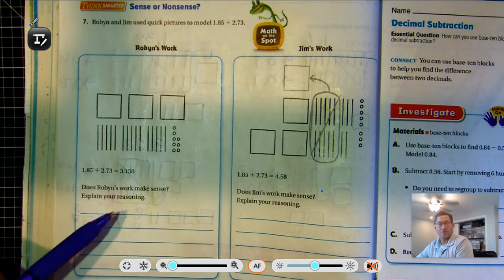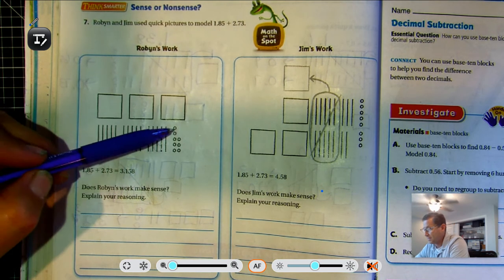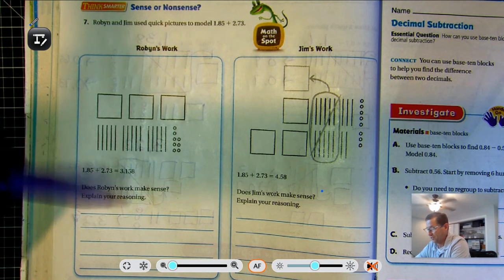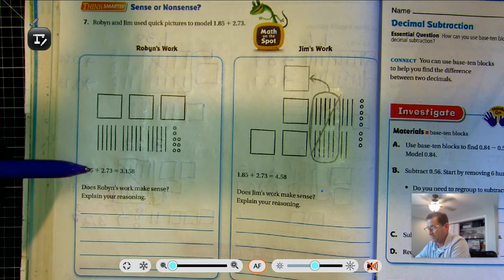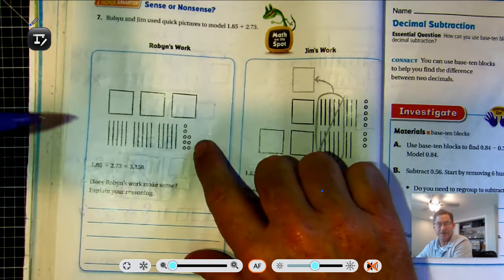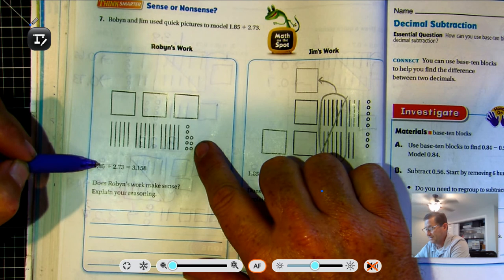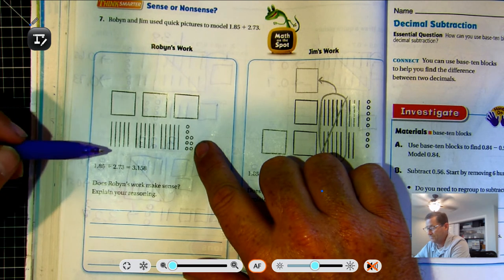So her drawing's a little confusing, but let's see. She has 2, 4, 6, 8 hundredths, 5 hundredths and 3 hundredths. Okay, so she does have the right amount of hundredths. Tenths, 8 and 7 more.